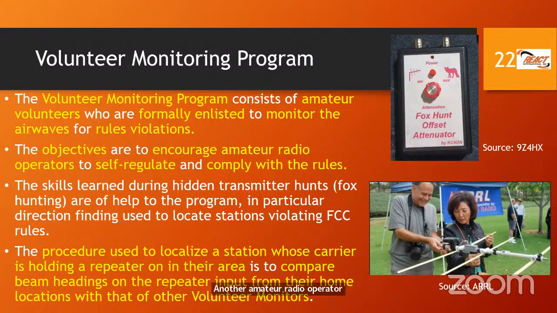And sometimes we refer to that process as triangulation. So we can now go on a map and say, well, if it's due east from somebody, due north from someone, and west-northwest from another person, we just go on a map and draw those lines, and they may intersect somewhere, and we say, you know what, this is likely the area that the signal is coming from, and we go find it. And that's why sometimes it's called a transmitter hunt or fox hunt or direction finding.